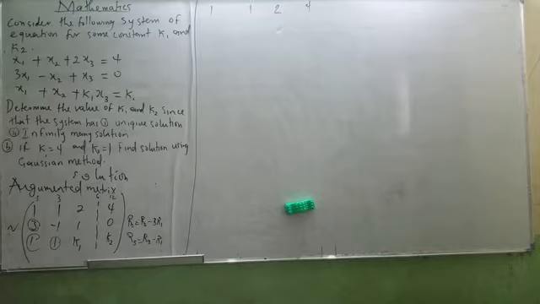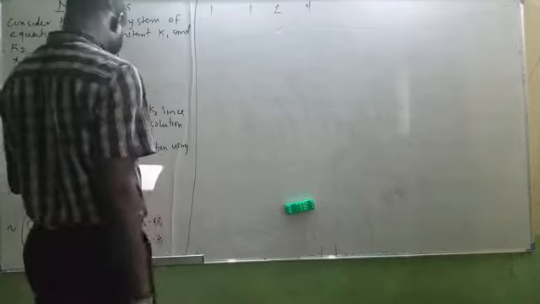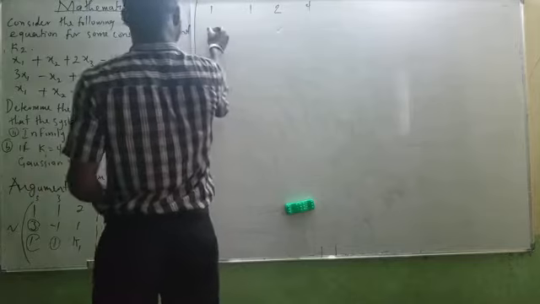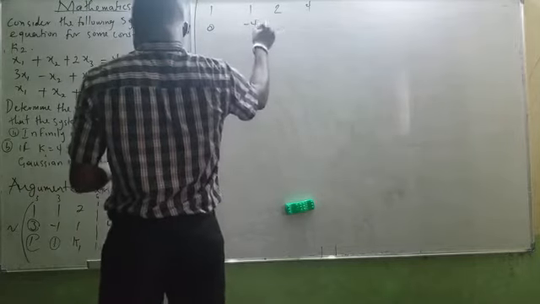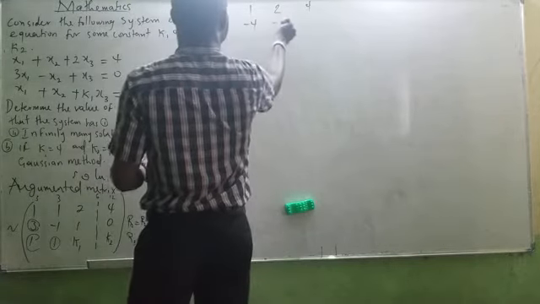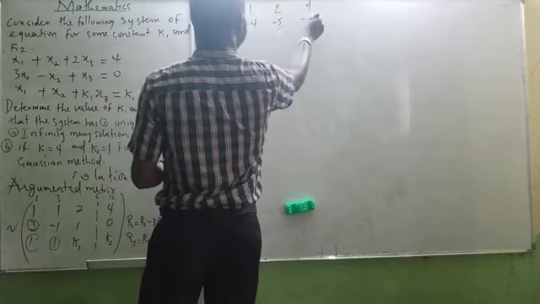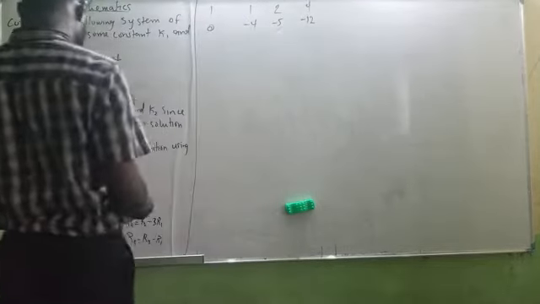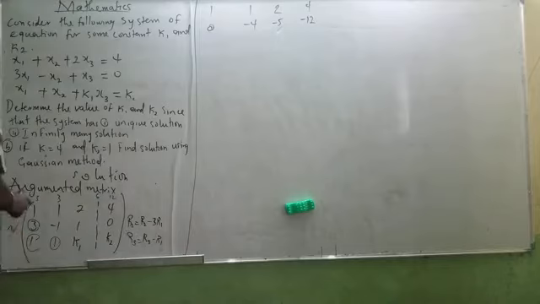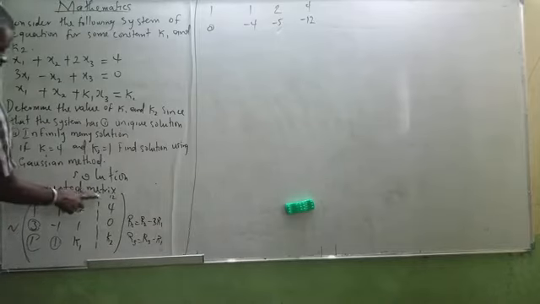It means I'll be having this and that. It will be 4, it will be -4. Here will be 0, -4, and -5, and -12.